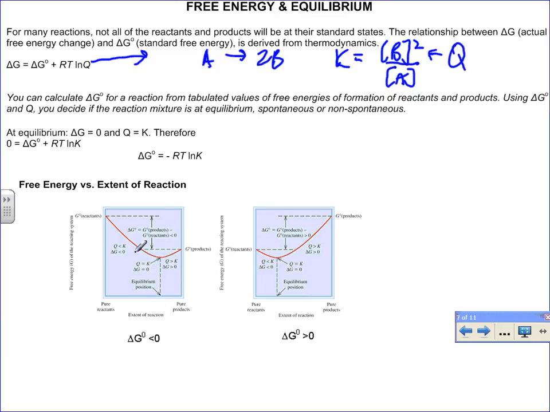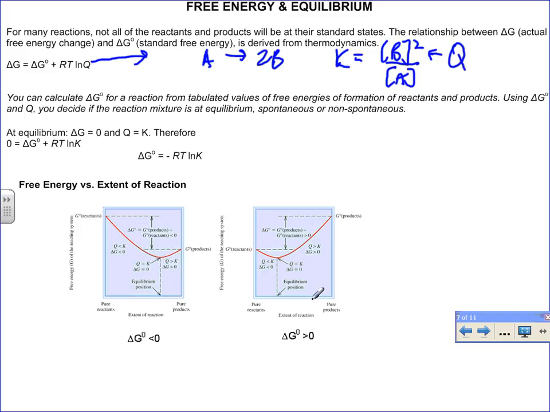So here, this is for a non-spontaneous reaction. This is our 0 point where Q is equal to K and we're at equilibrium when our Gibbs free energy is equal to 0. Okay, after this point here, we're not at equilibrium and Q is greater than K, so we've got more products in the system. Before this point, we've got more reactants in the system.